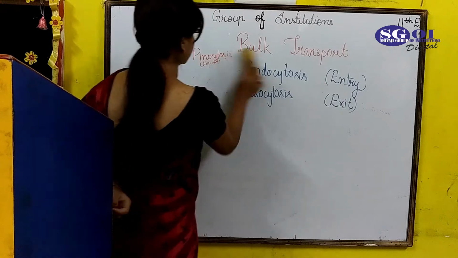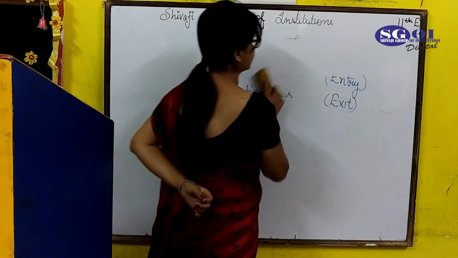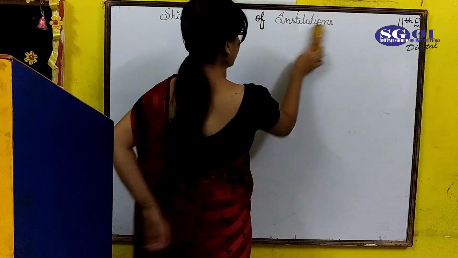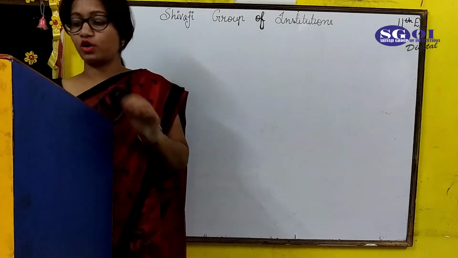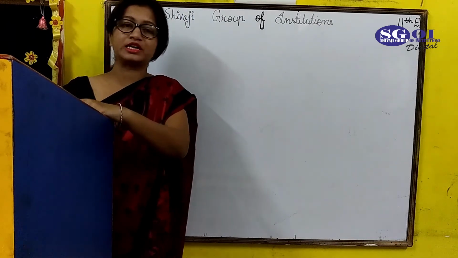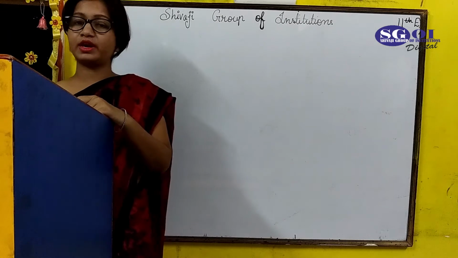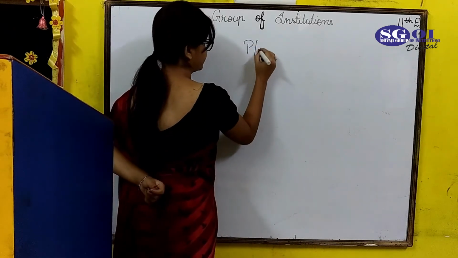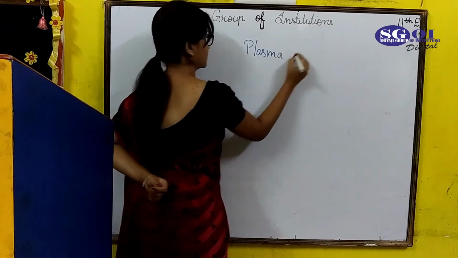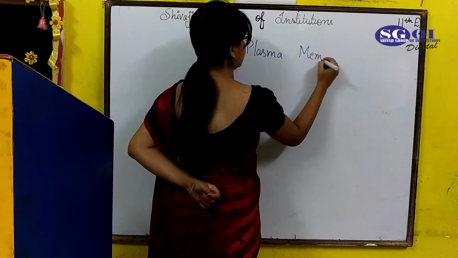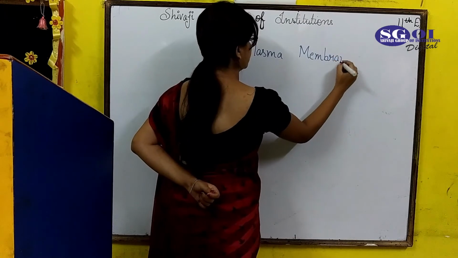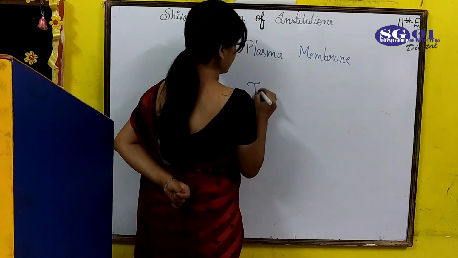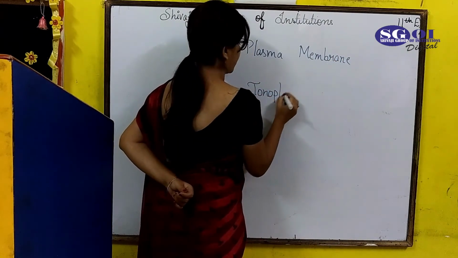After that, we are going to discuss our next topic. Our next topic of today is the part of the cytoplasm in between the plasma membrane and the vacuolar membrane. I told you about two parts: the plasma membrane and the second part, which is the tonoplast.